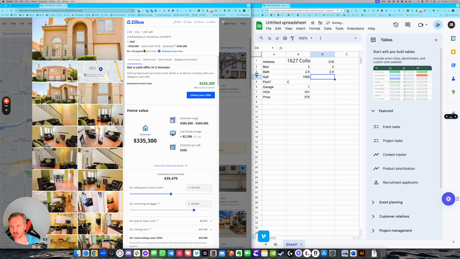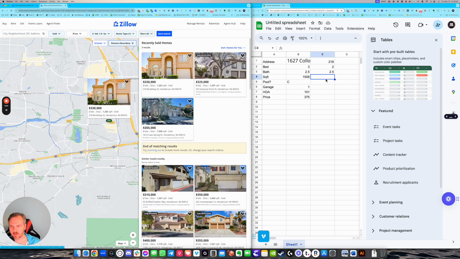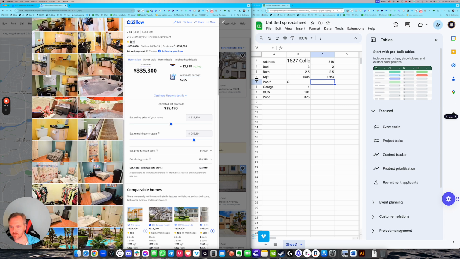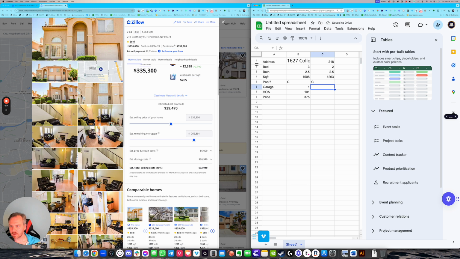I can double check that, but that's 2.5 bath. Yep. It is 1263. Question is, is there a community pool? There is a community pool, and a 1-car garage.